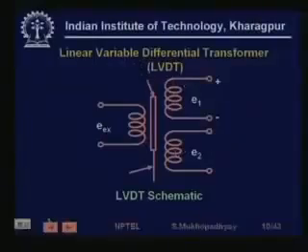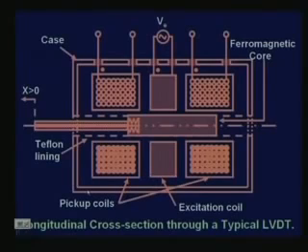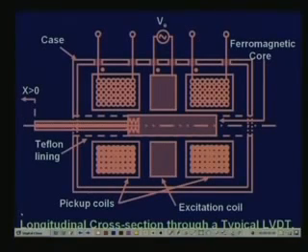The pulsating flux induces an EMF, so the induced EMF will change in the two coils, and if we connect these coils in what is known as series opposition, then we can get a signal proportional to the motion.